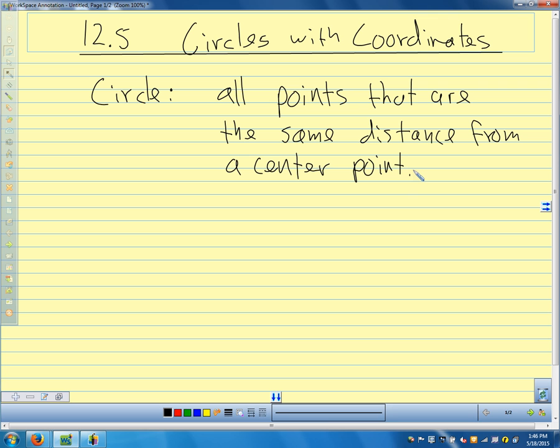And we decided that that distance, the distance from the circle to the center, was what? The radius.